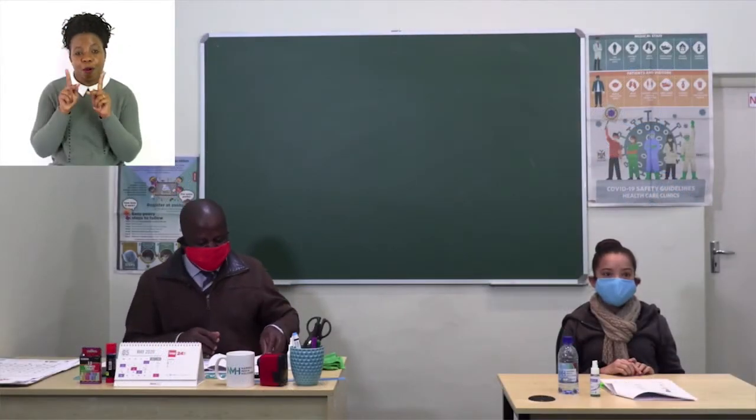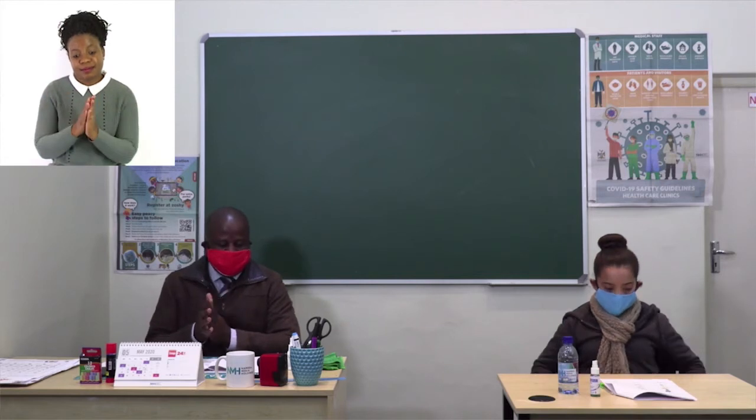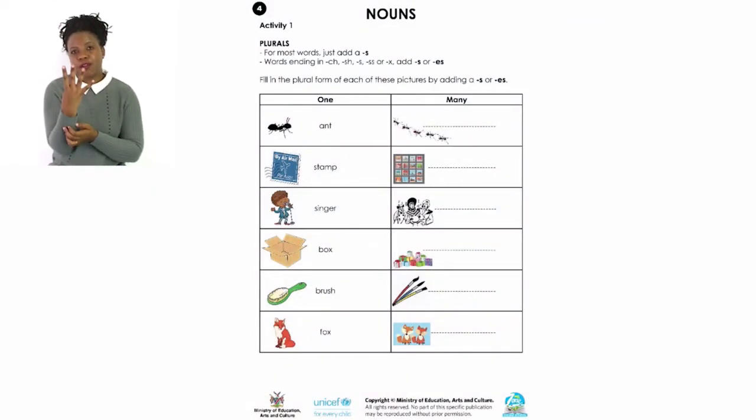Okay, my friends. Now, let's turn our books to page 4, where we are now doing our activities. We want to see if we have grasped the rules that we were doing on page 3. Activity 1.